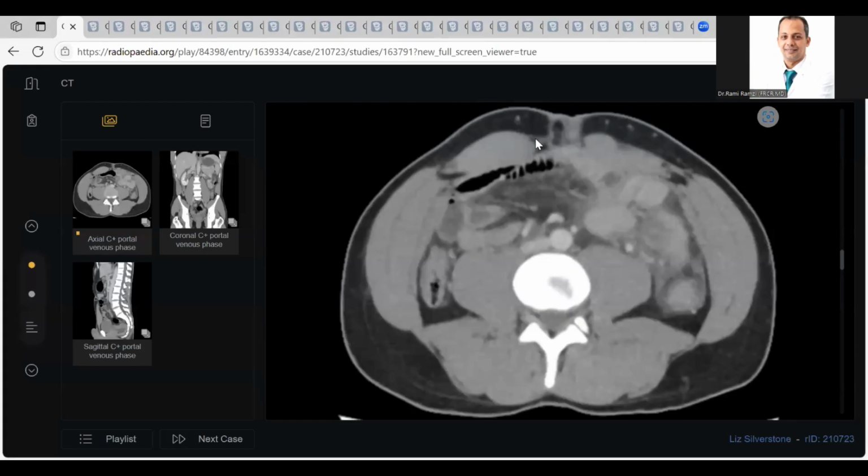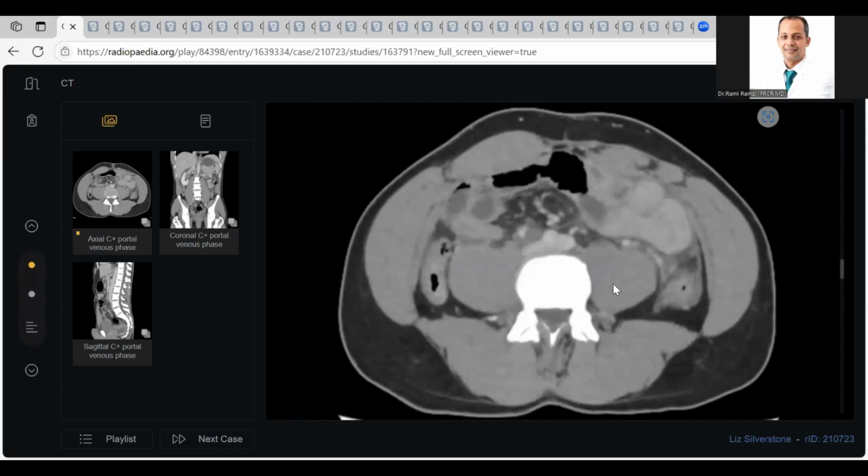I cannot scroll the images. Request again. Sorry. Request again. Sir, I have requested. Go on.